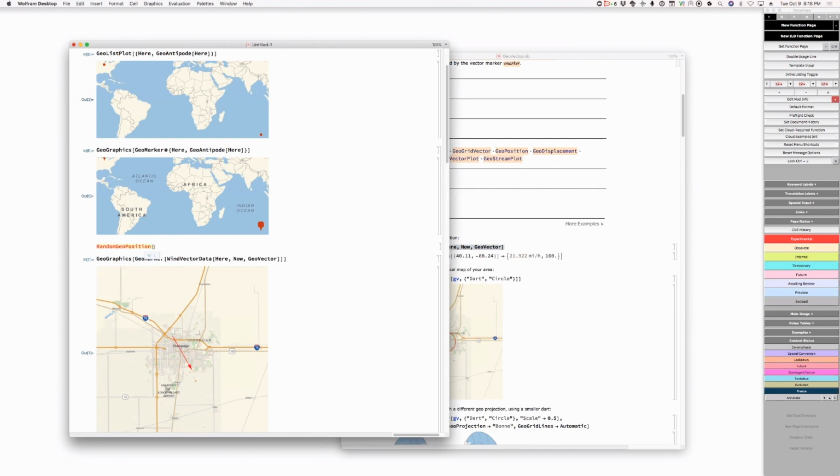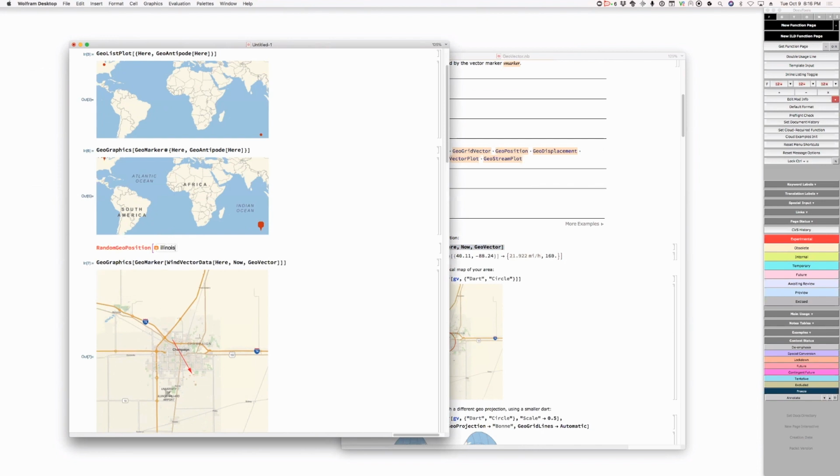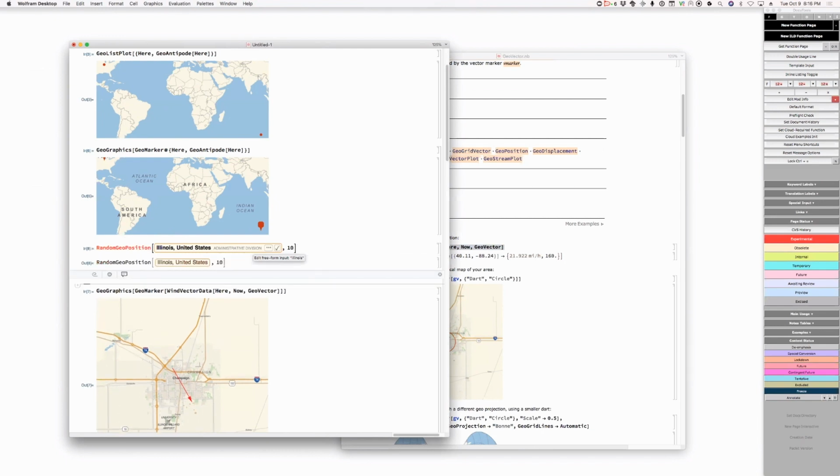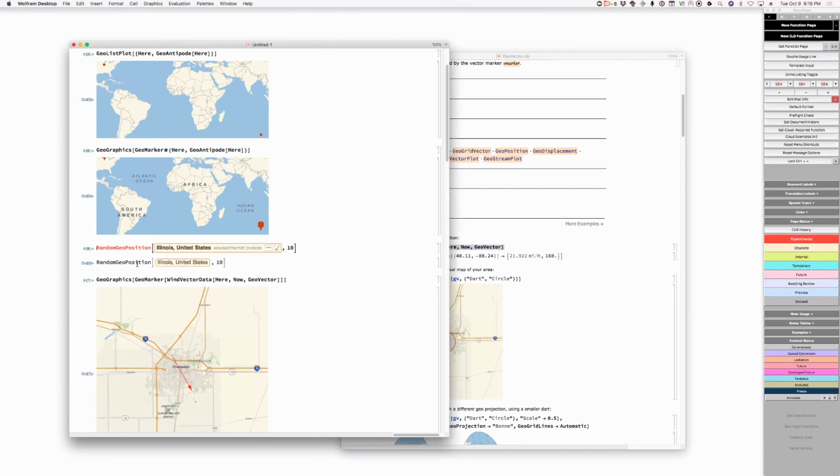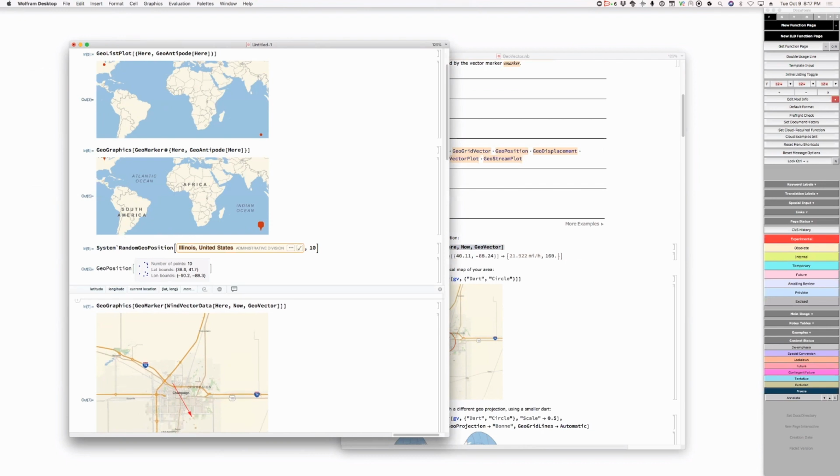Okay, so let's say random geoposition of Illinois, 100 over there. Doesn't work. Should it be in System? Yeah, I think so. It should work. Okay, so something is goofed up there with the prototype build. Yeah, something is still left over from the prototype.